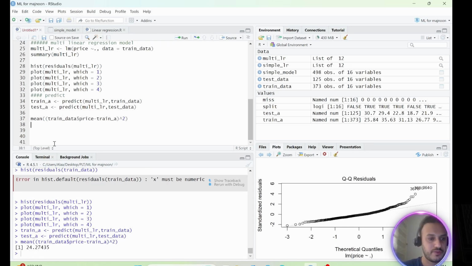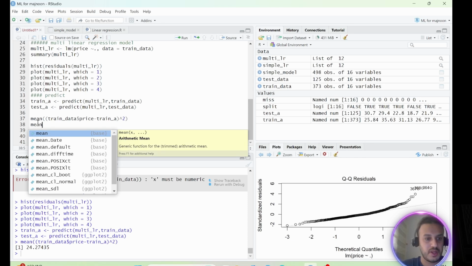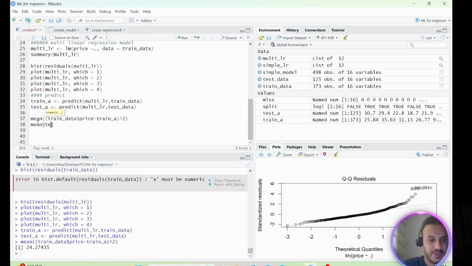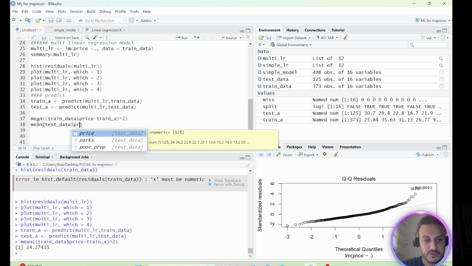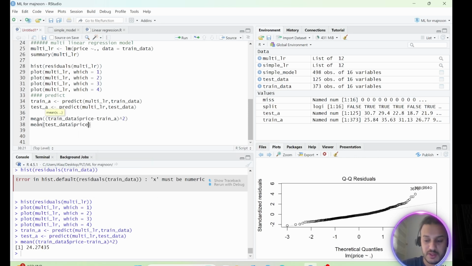So I have 24. Now I'm going to do the same mean square error and calculate it for the test data, dollar sign. This is to check the model on unseen data, so we check our data to see if it's fine or not. Test minus y hat, this is supposed to be to the power of 2, and then we have to close it, and then close it from here.